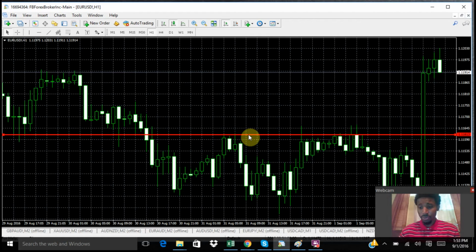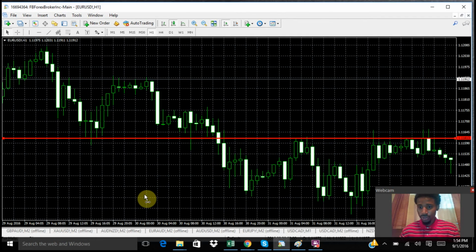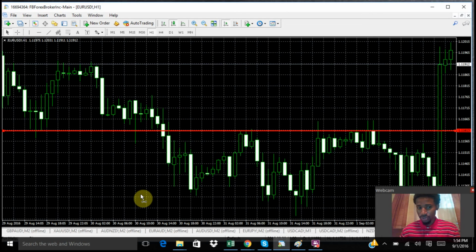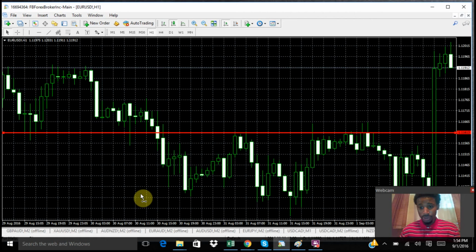Did it become support? How many times was it broken? And what type of candle was needed to break it? I'm going to draw a line right here, and I'm going to go back and test whether this holds out and turns to support, and whether a strong candle is needed to break this area.